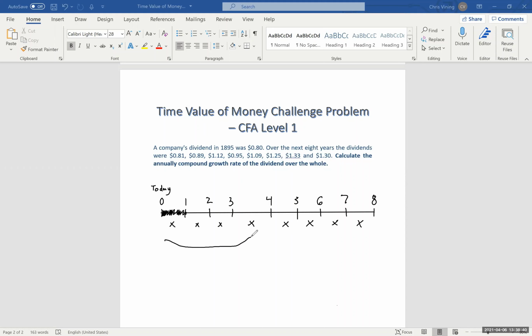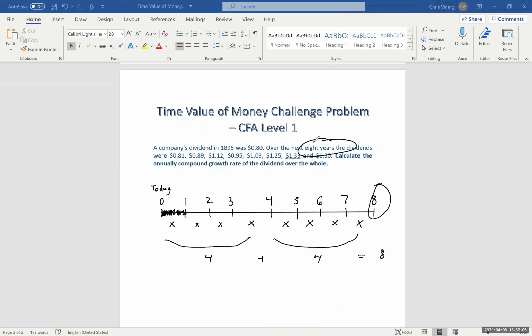So if you count these, you've got 2 groups of 4. Add those together, and you get 8 years for which there's a value change, ending at year 8. So that's how we know. It's also just given in the question. So this is a way that you can think through just in case you're confused.